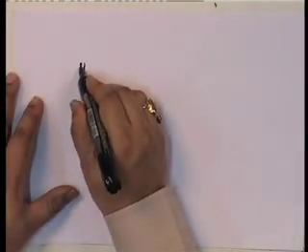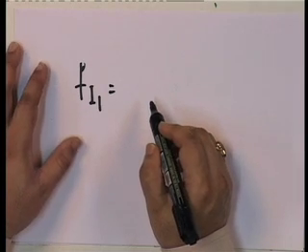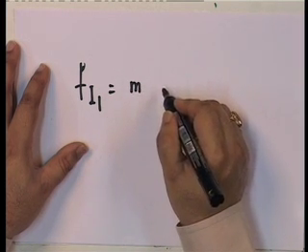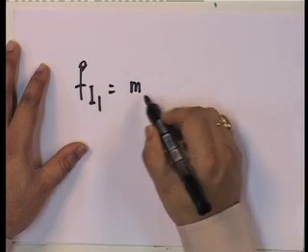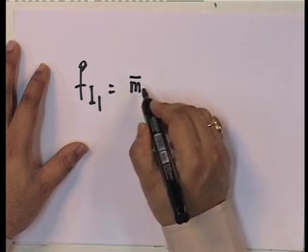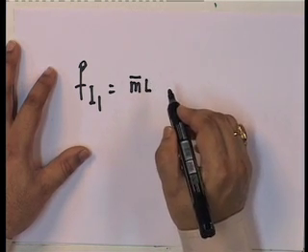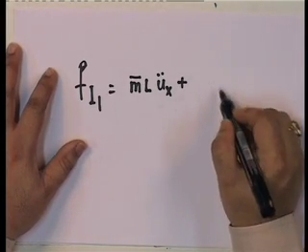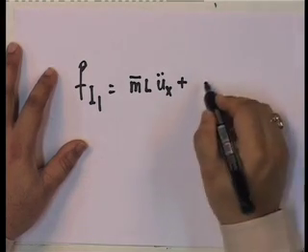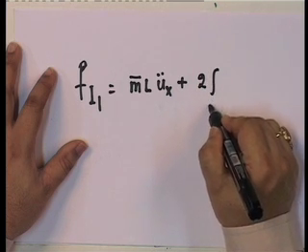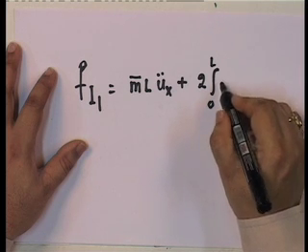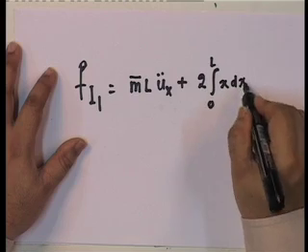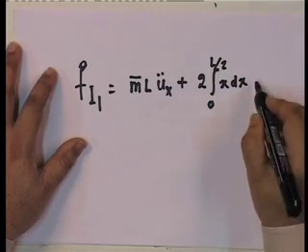So, Fi1 is equal to m bar L u x double dot, plus, now I have 1 into x and 1 into minus x, both over 0 to L by 2, so I can do it 2 times: integral of x dx, which becomes x squared by 2.